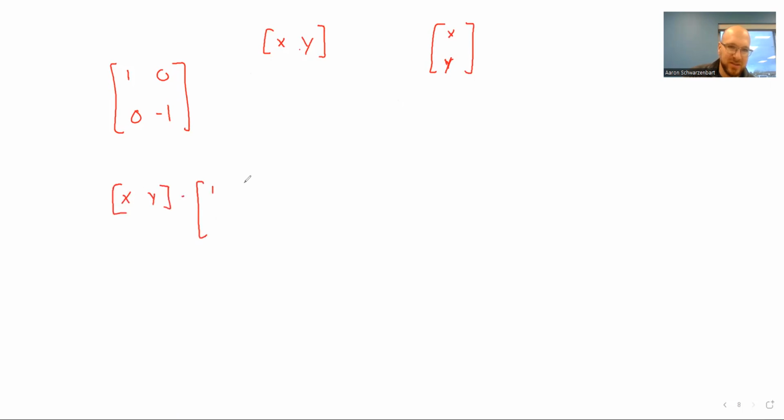times this transformation. So if I'm reflecting over the x-axis, all I'm doing is switching the y-coordinate to negative. So this equals, okay, row 1, there's only one row, times column 1. X times 1 plus y times 0.